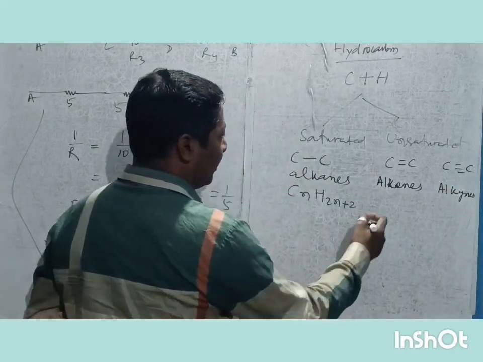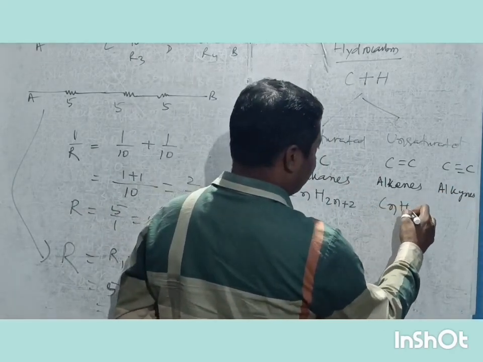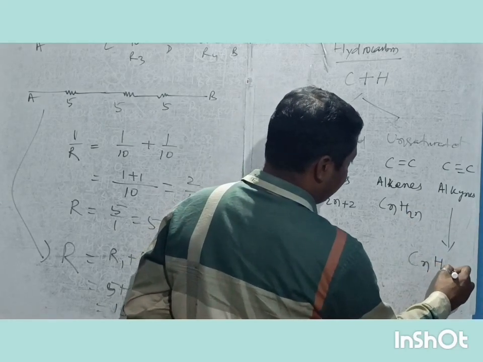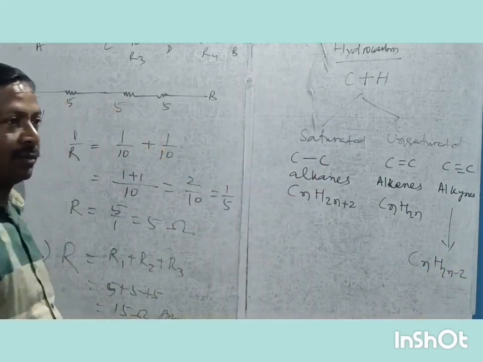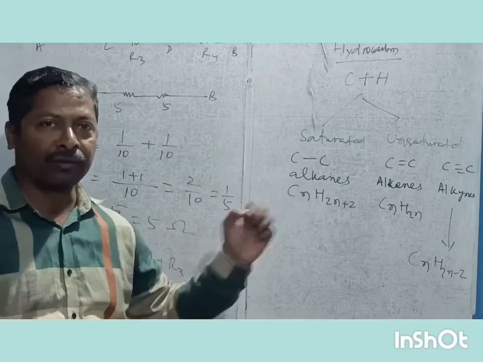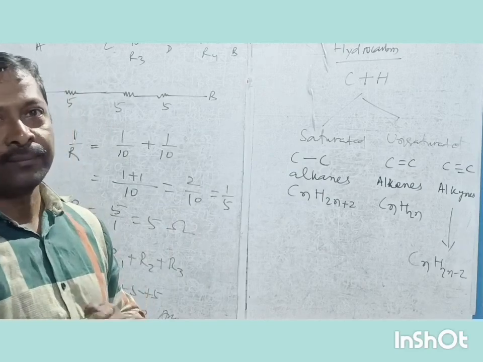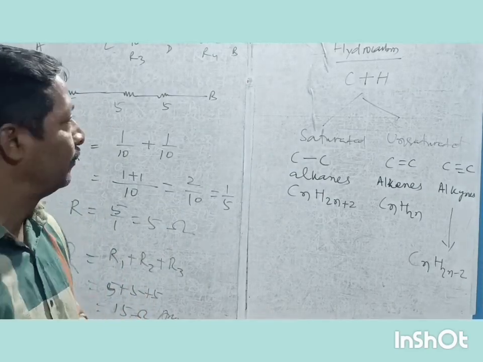Alkenes have the common molecular formula CnH2n, and alkynes have the common molecular formula CnH2n-2. So you have to memorize the common molecular formula for these three types of compound series.